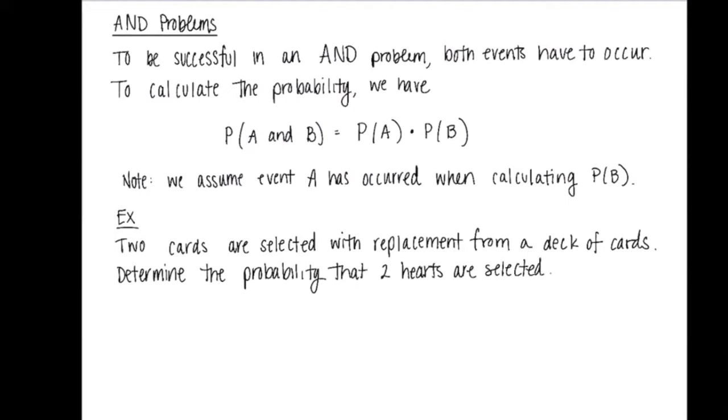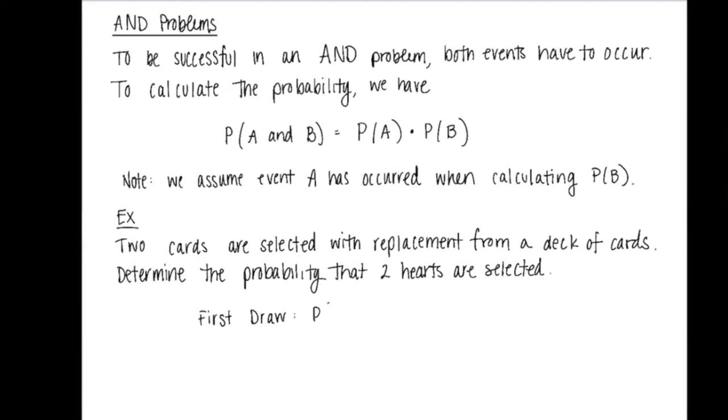So basically, I'm going to draw a card at first, look at it, put it back in the deck. And I want to make sure I'm getting a heart both times.